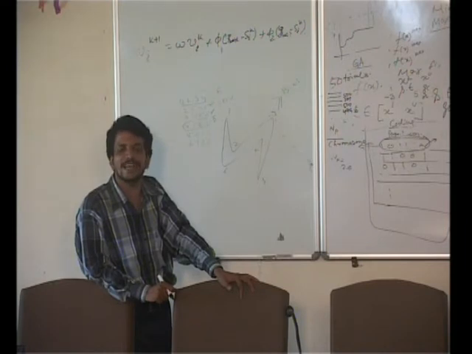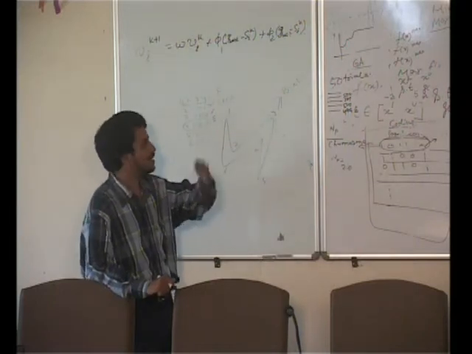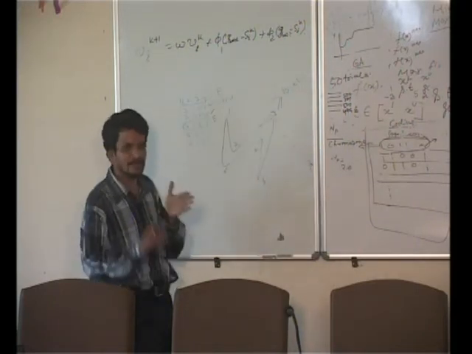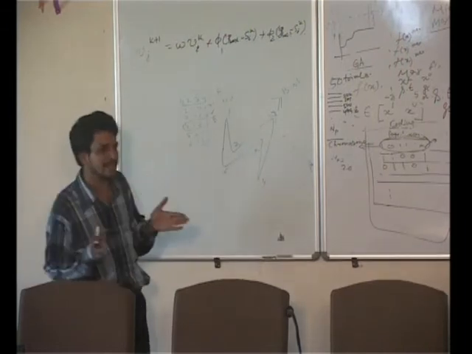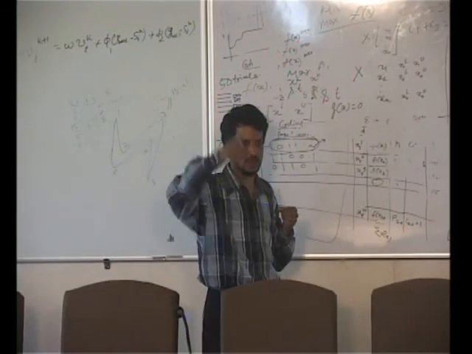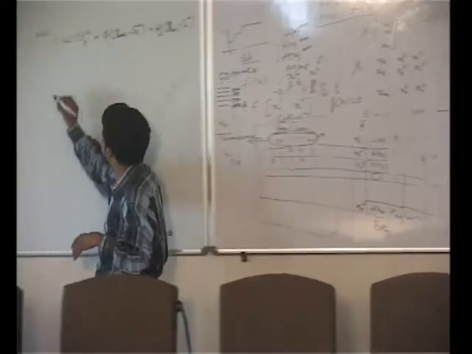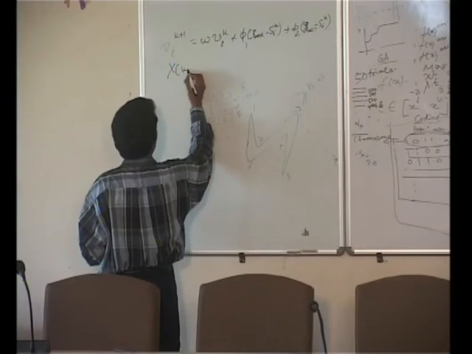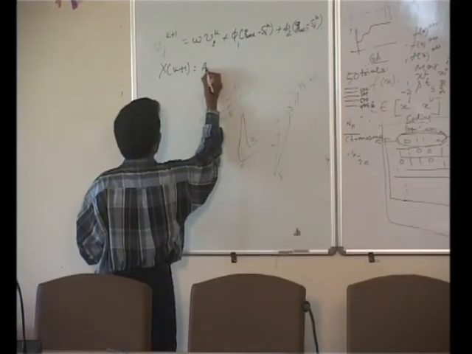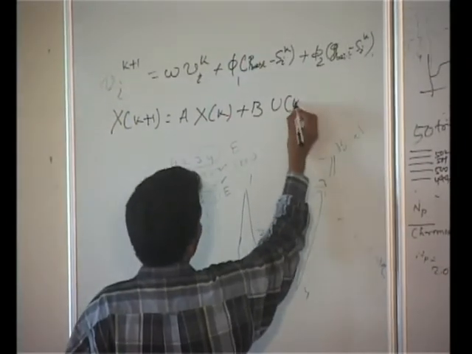X dot equals a x plus b, the derivative. So the position at k plus 1 instant equals omega times Vi k. You can frame it into a mathematical description: x dot, the derivative, x1 dot, x2 dot, x3 dot, or as a difference equation, x k plus 1 equals matrix A x k plus b u k.